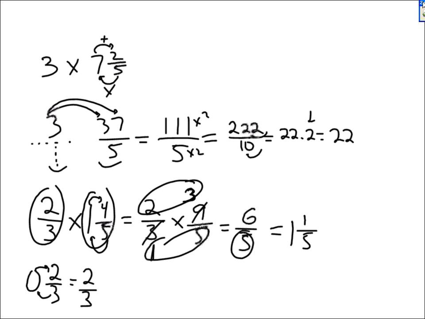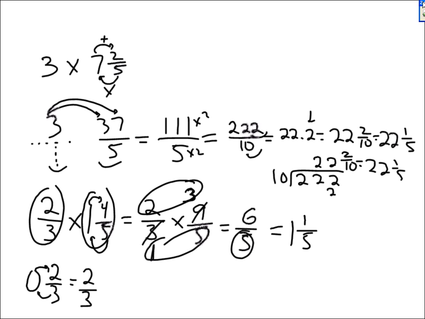That 0.2 is 2 over 10, which is the same as 1/5. 10 goes into 22 2 times with 2 left over. And that becomes 22 1/5. I'd rather do 10 into that number than 5 into it.